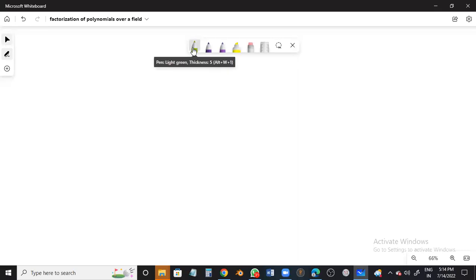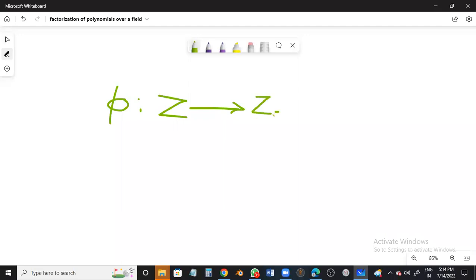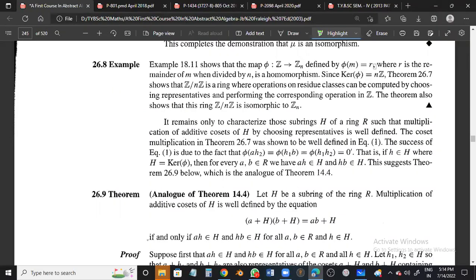Suppose I have phi from the set of integers Z to Z5. How do we define it?